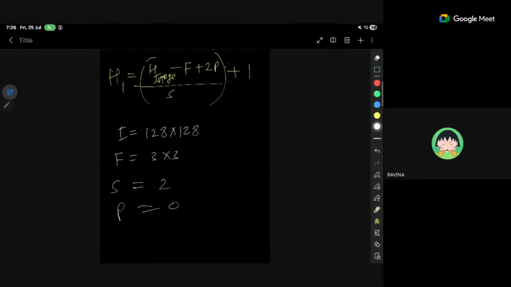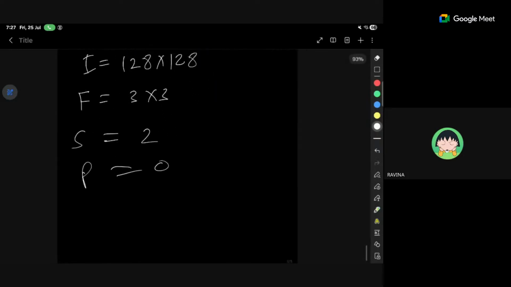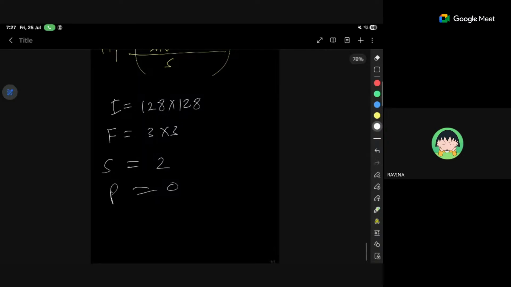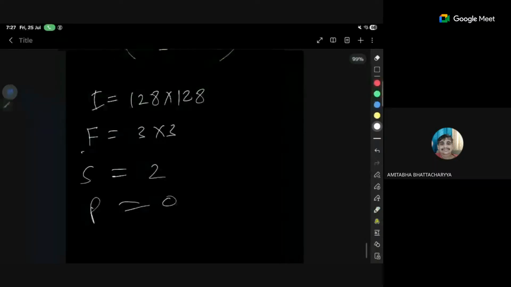What is the output size you are going to get? Any answer? 2 into 2 or 3 into 3? It's 3 into 3. Filter is 3 into 3.